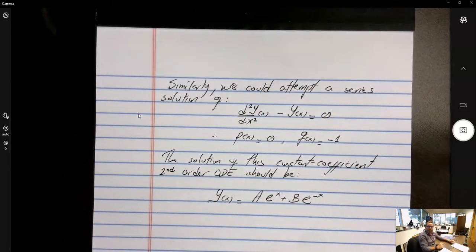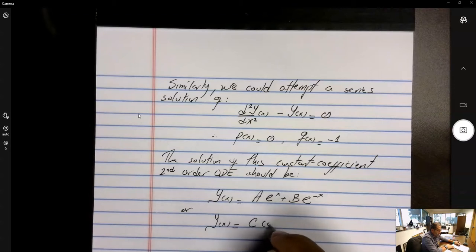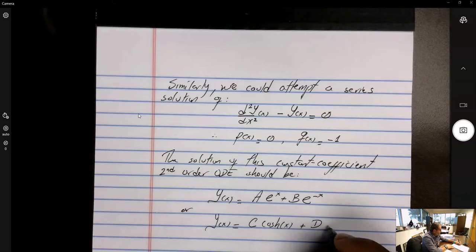So we have the solution in terms of exponentials, one with the root positive 1 and the other one with the root negative 1, or we can also express this solution in terms of cosine hyperbolic of x plus d times the sine hyperbolic of x.